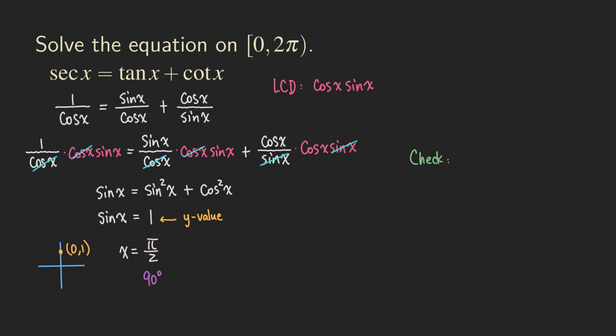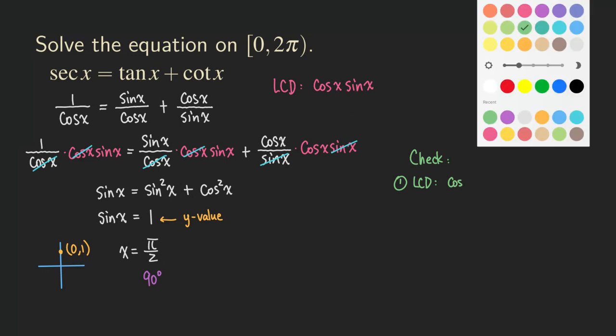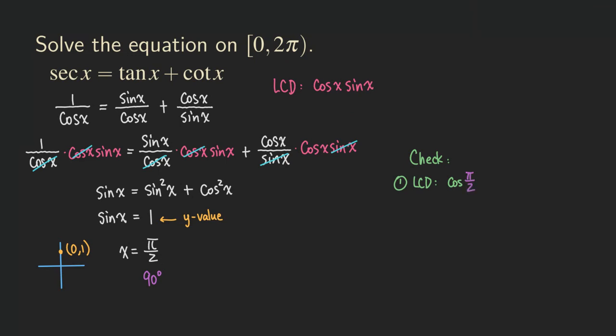So if you check the LCD right here, the cosine of pi over 2, you plug pi over 2 in there, and the same thing for the other one, which is the sine of pi over 2. Sine of pi over 2 has no problem because sine of pi over 2 is equal to 1. But cosine of pi over 2 is 0. So this thing is actually equal to 0. So that tells us that this solution is extraneous.